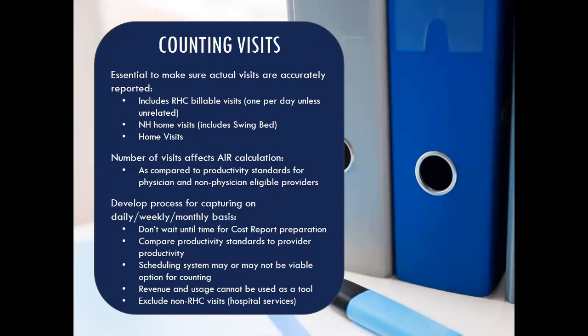So think back to those different revenue codes that are used to identify the place of service. Not only will you count the visits in the RHC clinic, but home visits and nursing facility visits are also counted. And these visits are going to be compared to productivity standards that we'll discuss in a later webinar in the series.